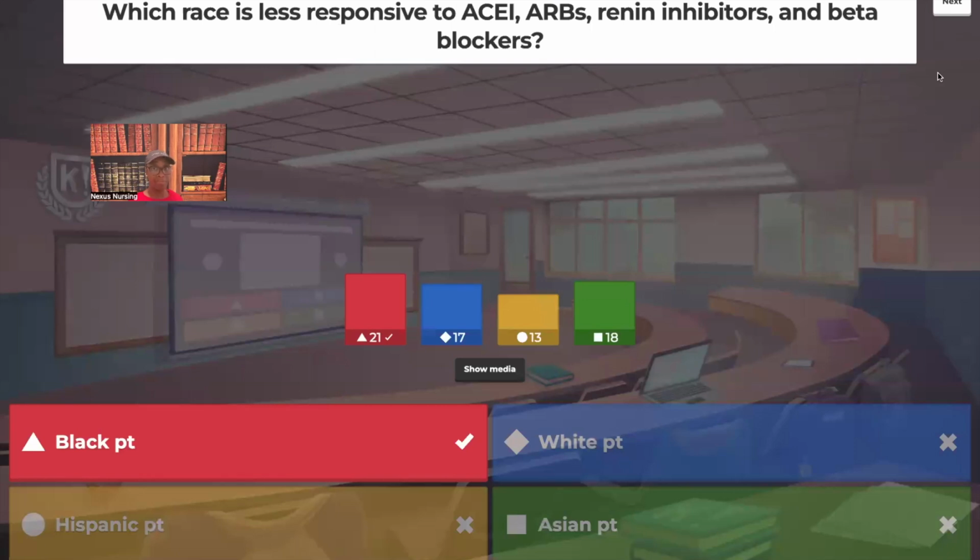Black patients. I told you guys what they're most responsive to. It's going to be the thiazide diuretics and the calcium channel blockers. You have to know this. I'm telling you, you're going to see it somewhere within your nursing career. I promise you. Make sure you know this, okay?